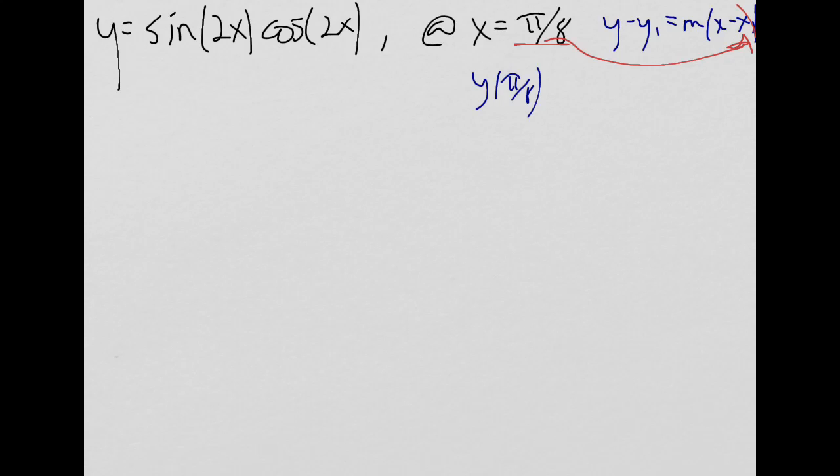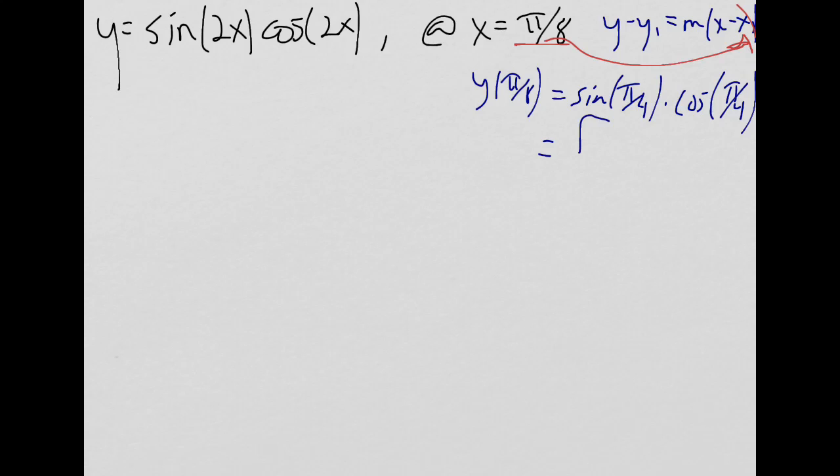So I'm going to plug in pi over 8 here and here. When I plug in pi over 8, I get 2 times pi over 8, which is pi over 4. So I'm going to get sine of pi over 4 times cosine of pi over 4. You should be good with your trig and know that sine and cosine of pi over 4 are both root 2 over 2.